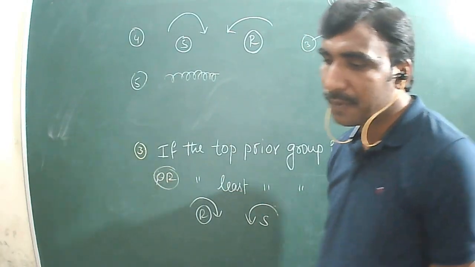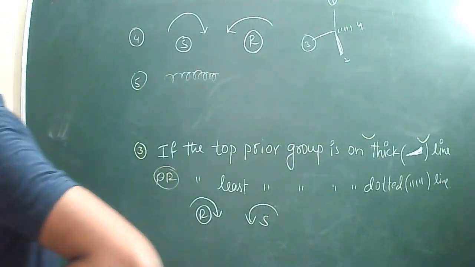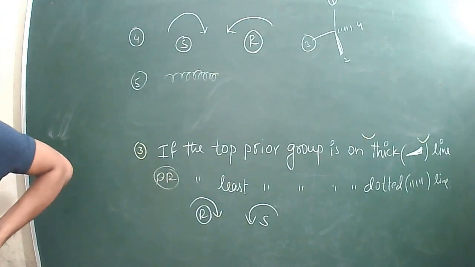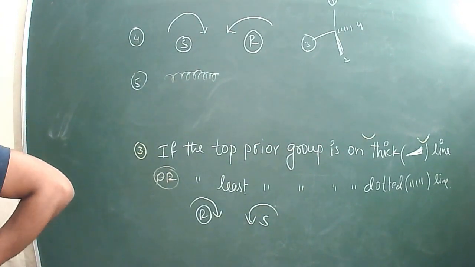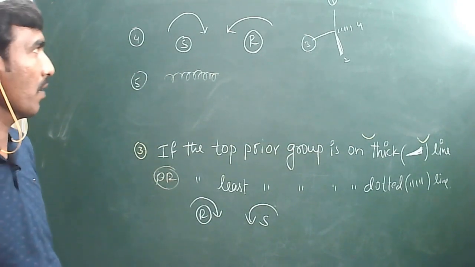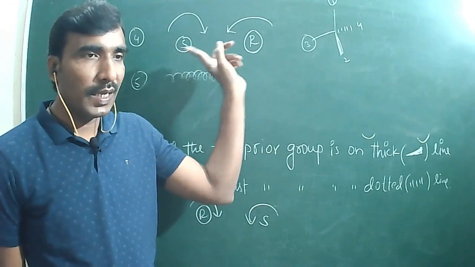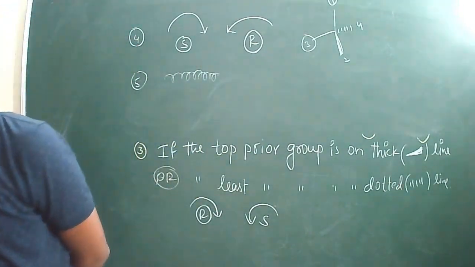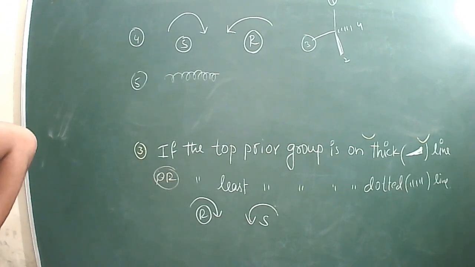If improper orientation is present, then clockwise is S and anti-clockwise is R. If the improper orientation is present, then clockwise is S and anti-clockwise is R. Understood?